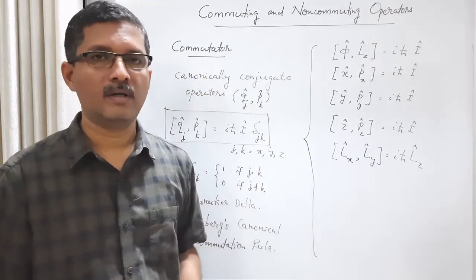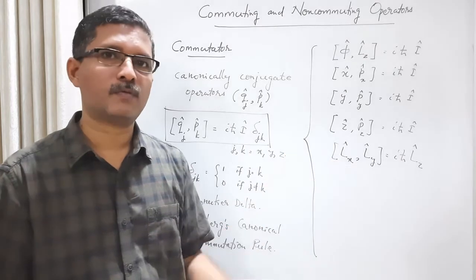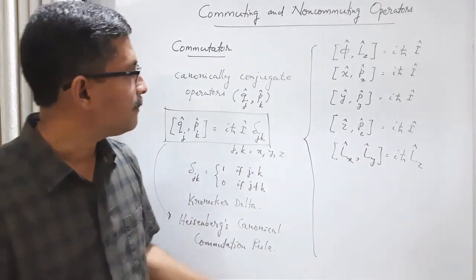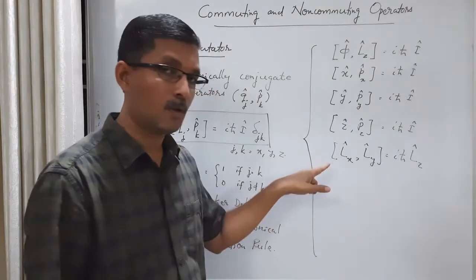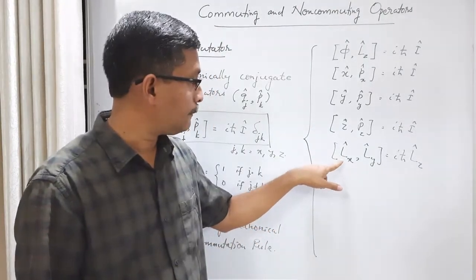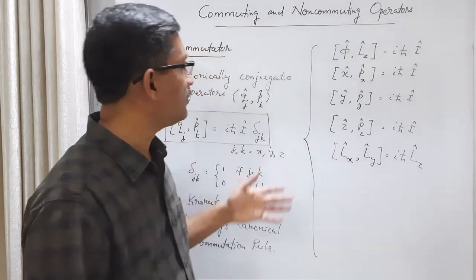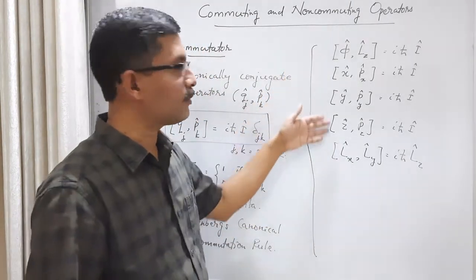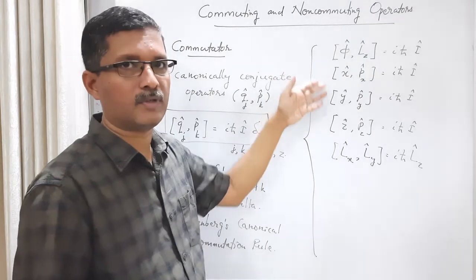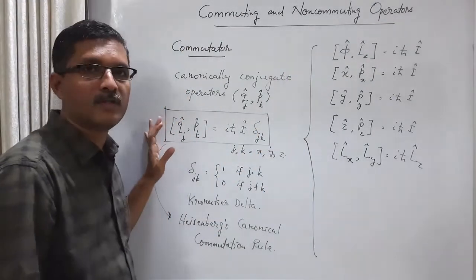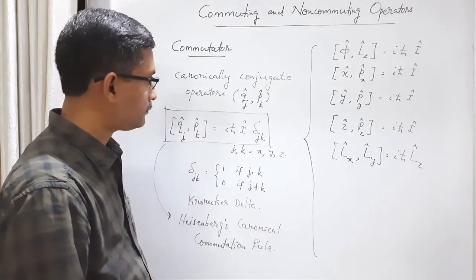We have written down the expression for the angular momentum operator in one of the previous classes when we introduced operators. So the commutation rules between angular momentum operators you can derive in terms of Heisenberg's commutation rules. That's why this is a fundamental commutation rule in quantum mechanics.